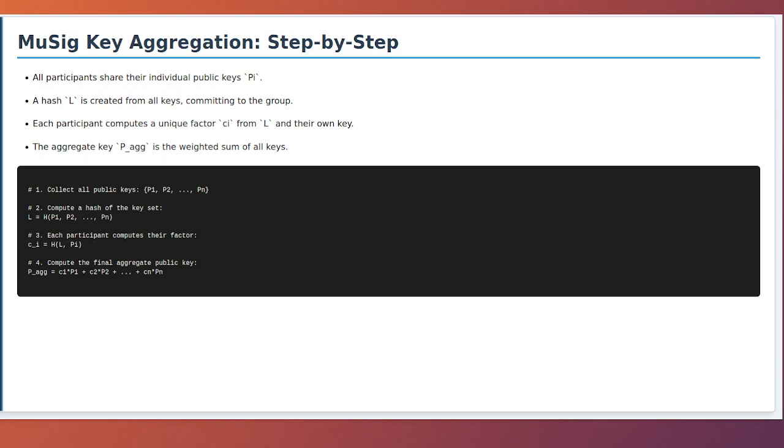It's Alice's factor times her key, plus Bob's factor times his key, plus Carol's factor times her key. The resulting point, P sub AGG, is the single public key that represents the entire group. This key can be published and used for verification, and it looks just like any other public key.